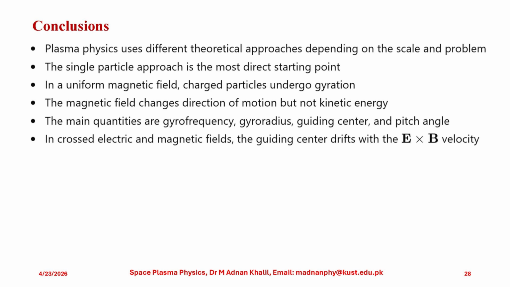Its kinetic energy remains constant, while the magnetic field bends the trajectory. The motion is described by gyrofrequency, gyroradius, guiding center, and pitch angle. When a perpendicular electric field is added, the guiding center drifts, and the resulting E cross B drift becomes one of the most important motions in space plasma physics.